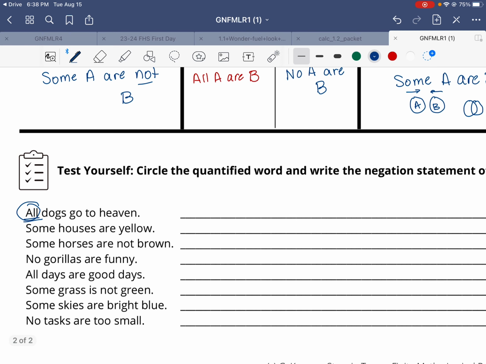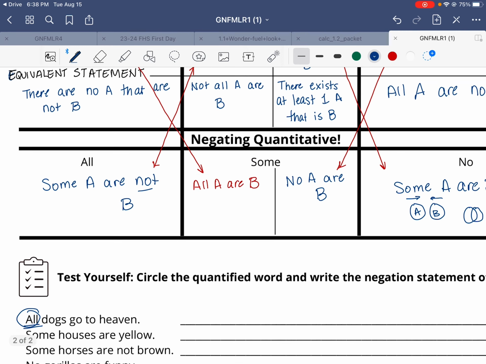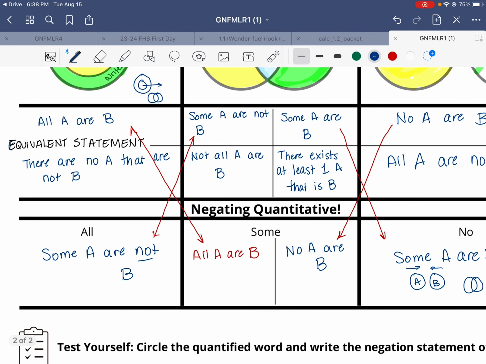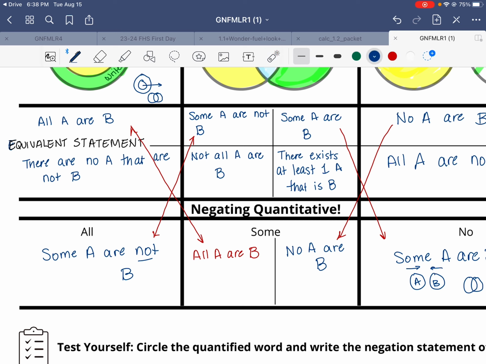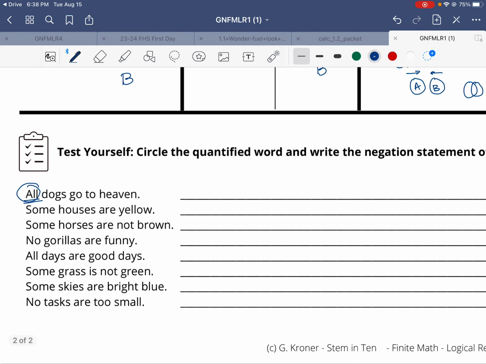So if I have all dogs go to heaven, my negation is going to be this. Some dogs are not going to heaven. That would be heartbreaking. So some dogs are not going to heaven.